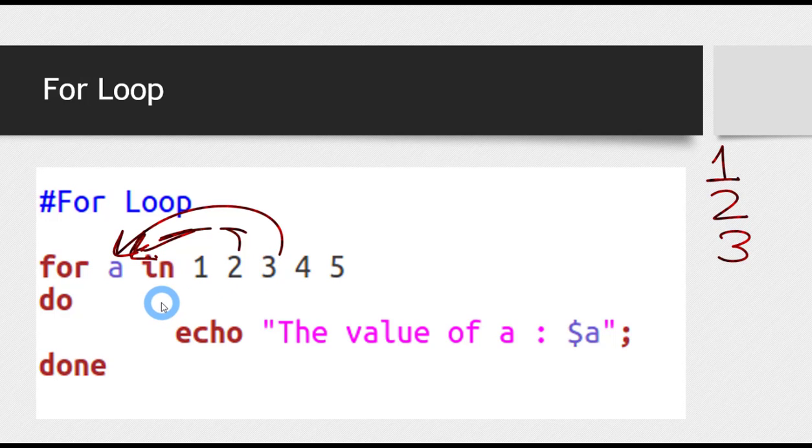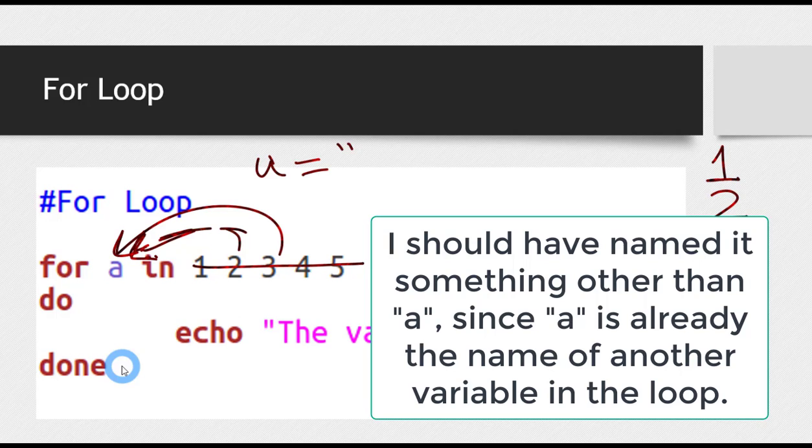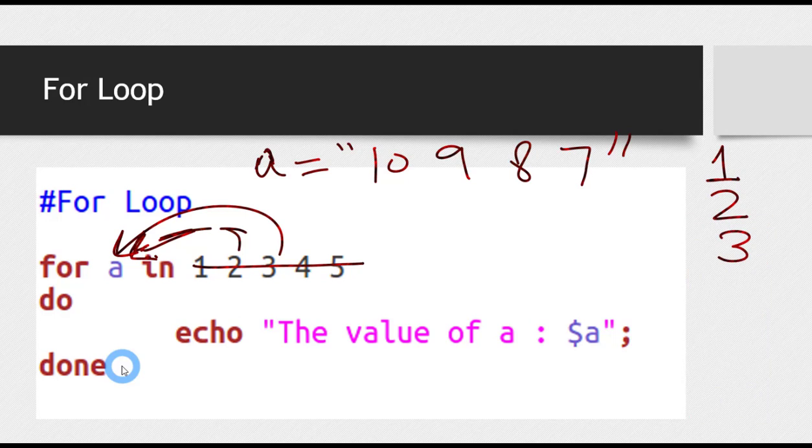One more thing, instead of writing this 1 2 3 4 5, I can also create an array, let's say A, and I can store some values in it. So let's say 10, 9, 8, 7. These are the 4 values that I have stored in my array, and the name of my array is A. This array is actually a space separated string.